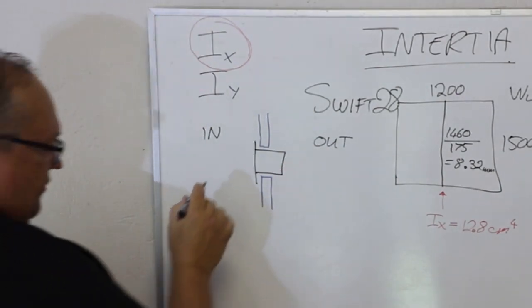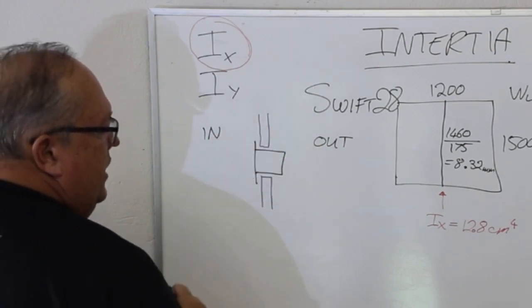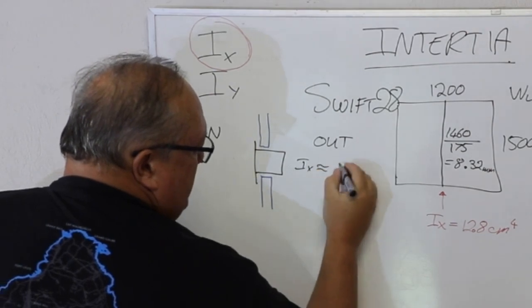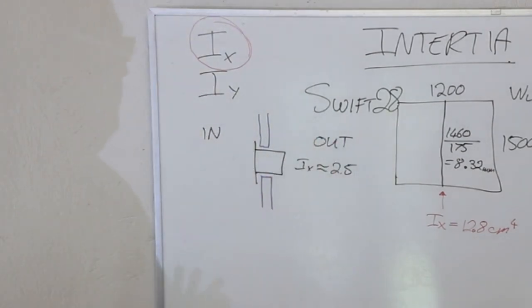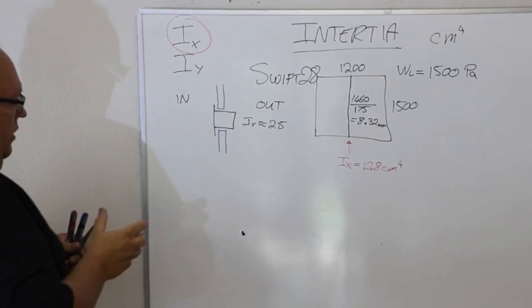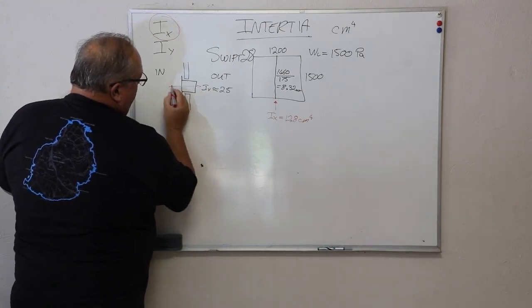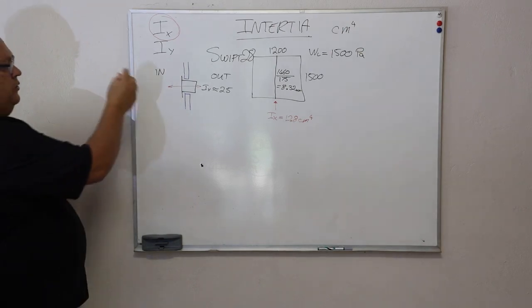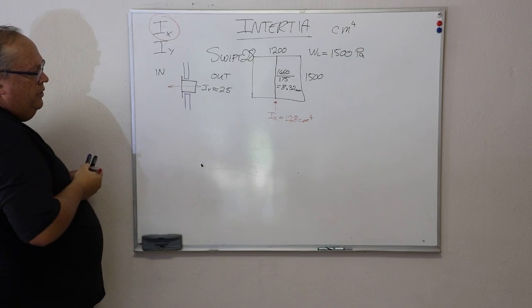Now, on the Swift 28 system, a standard 28 millimeter mullion, the Ix value is approximately equal to 2.5. I think it's 2.3, something like that, but it doesn't matter. That will be the stiffness of the profile in this direction, because as I said, we always consider the inward-outward direction to be our Ix value.